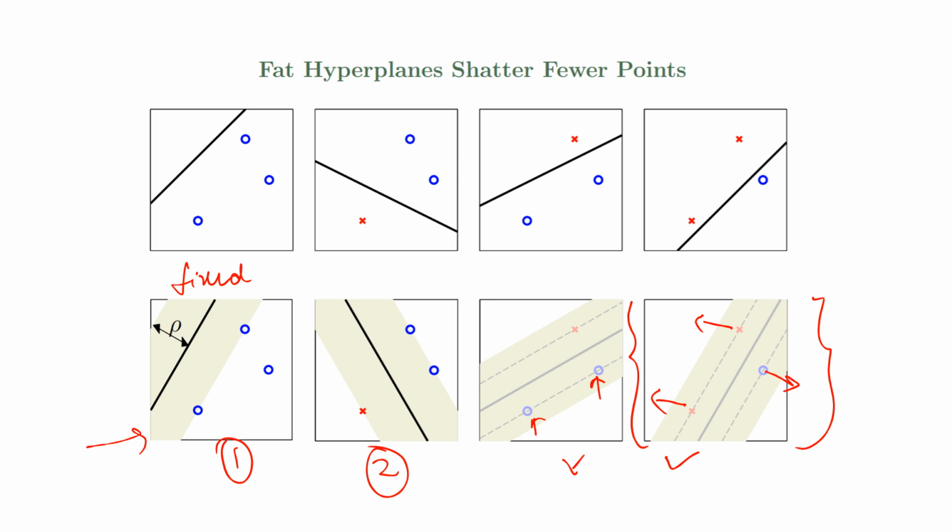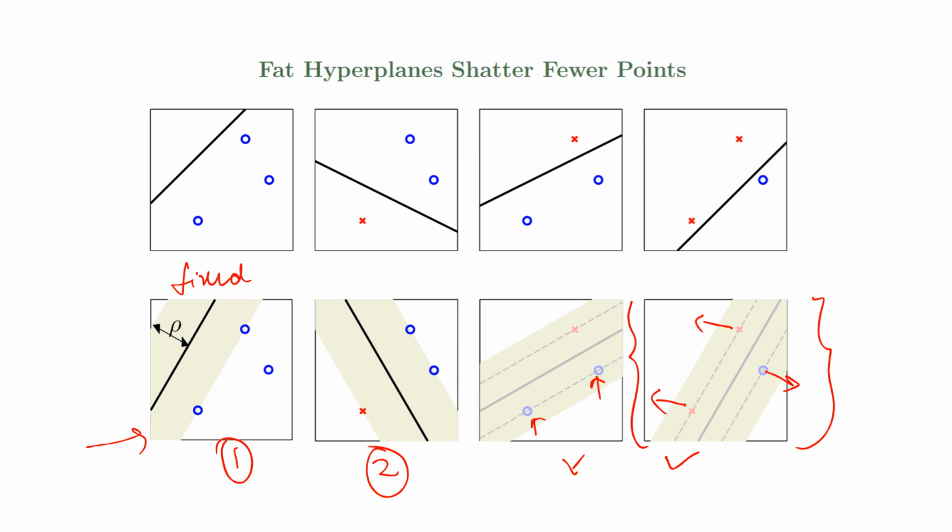Therefore, a fat hyperplane cannot implement all dichotomies, as I can see just by looking at this toy example. Now, if we can move the data, then maybe we can. But if my input space is bounded, and by bounded I mean the data is close together, then I cannot separate the data in these two cases.